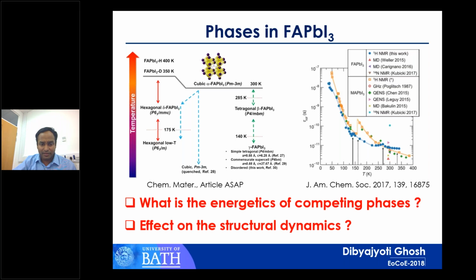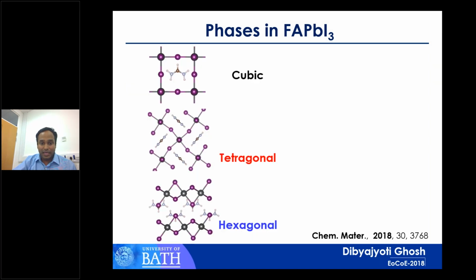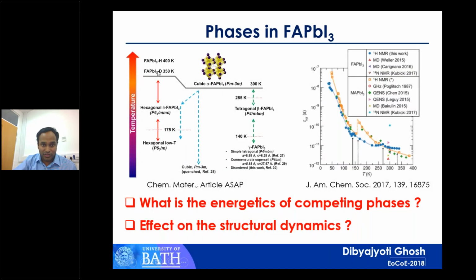So with that in the background, we try to find the energetics of the competing phases, and also we try to find how these phases can affect the structural dynamics. First we look into, as you can see here, the three most prominent phases: cubic, tetragonal, and hexagonal.